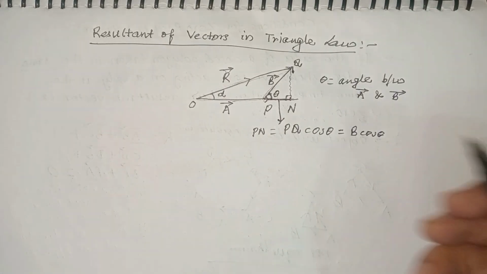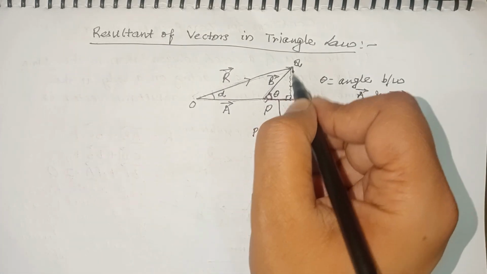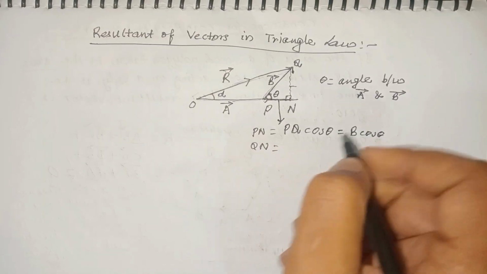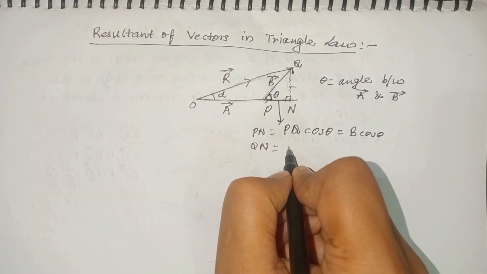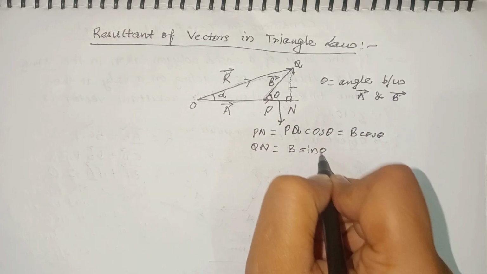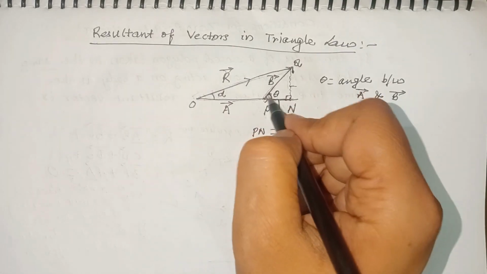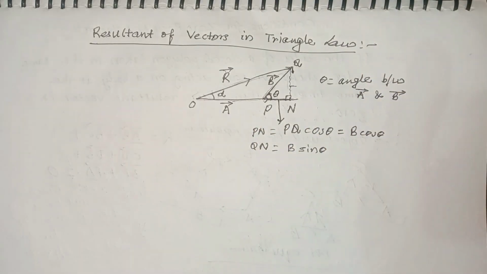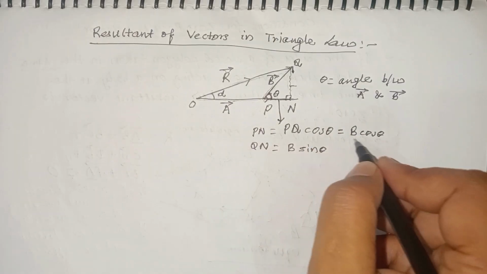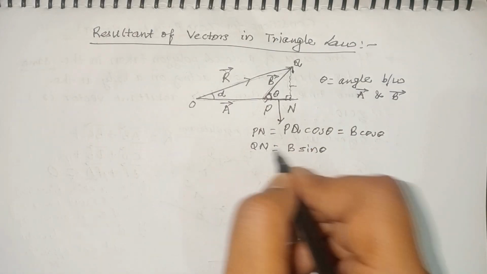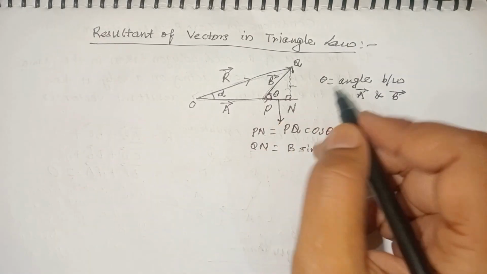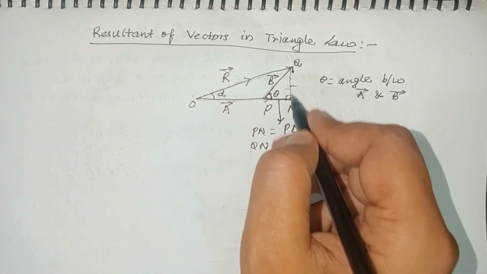And QN will be B sin theta. In trigonometry, class 10th, you might have studied this. Using that, we got the values of PN and QN, because these two were unknowns in triangle ONQ.